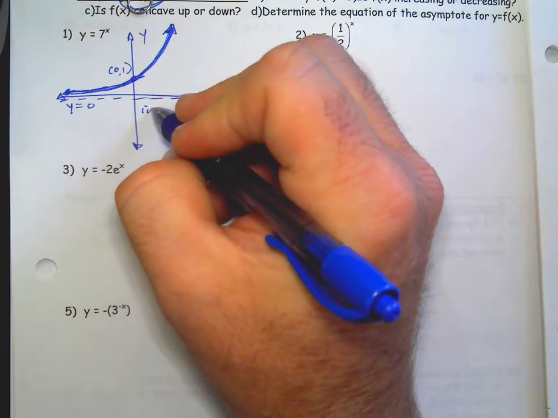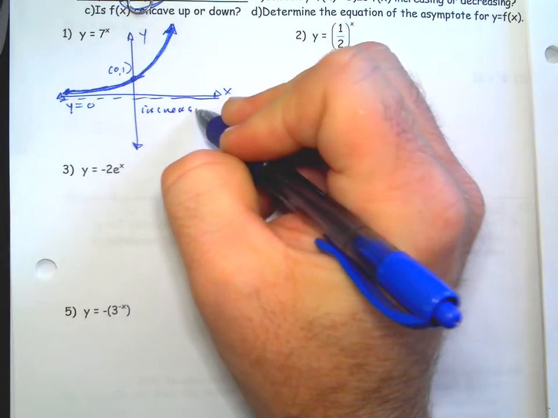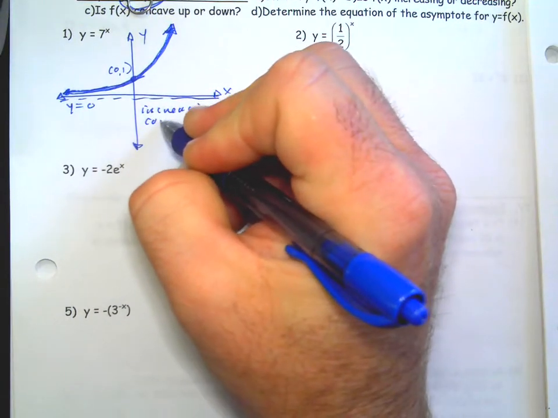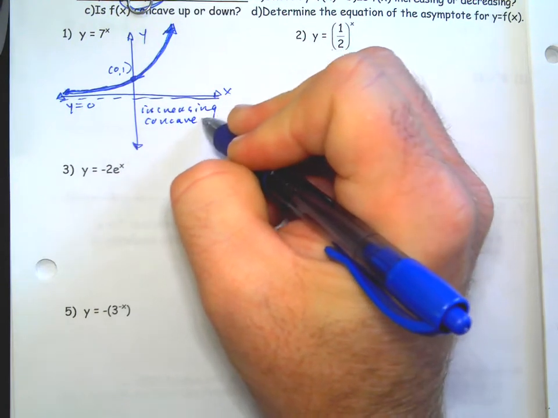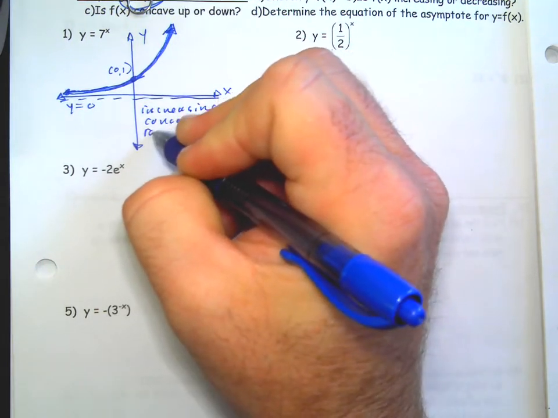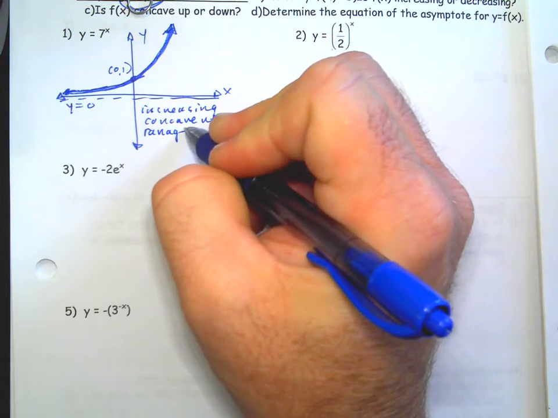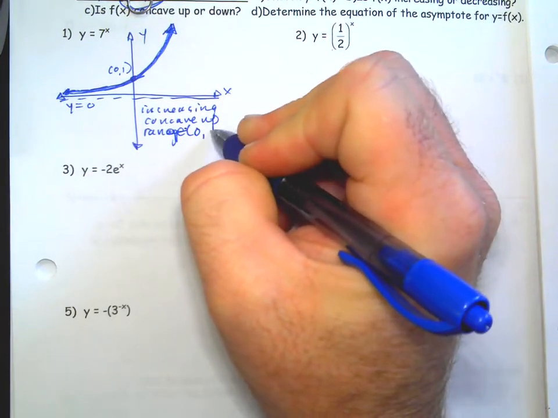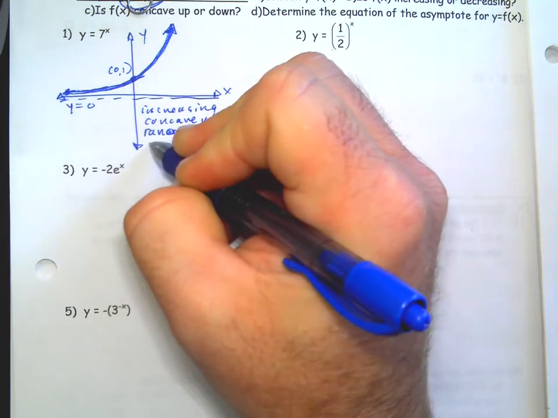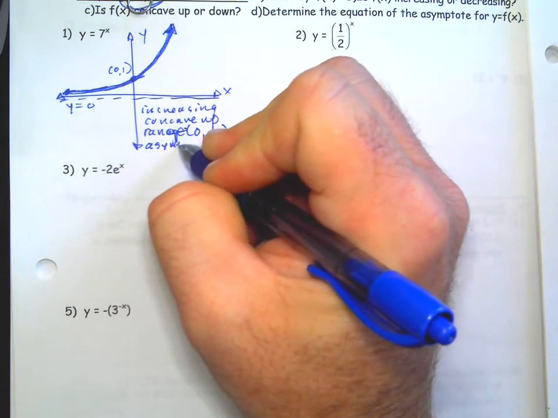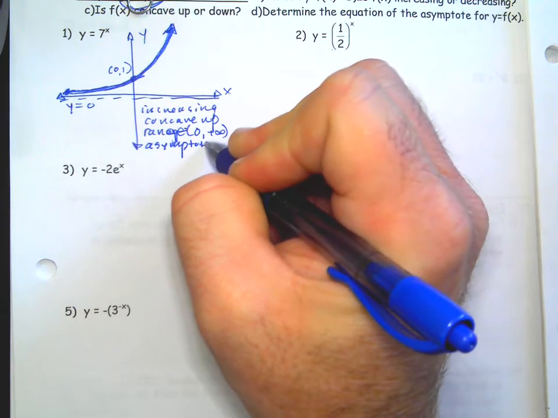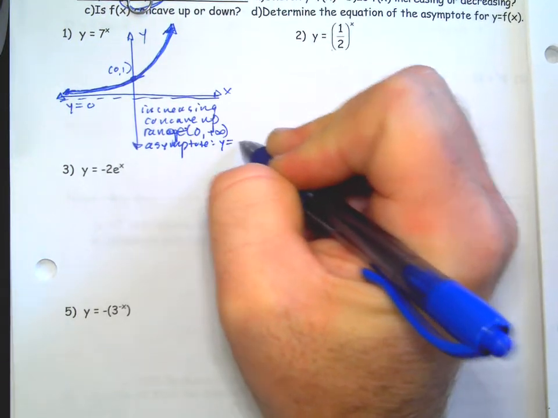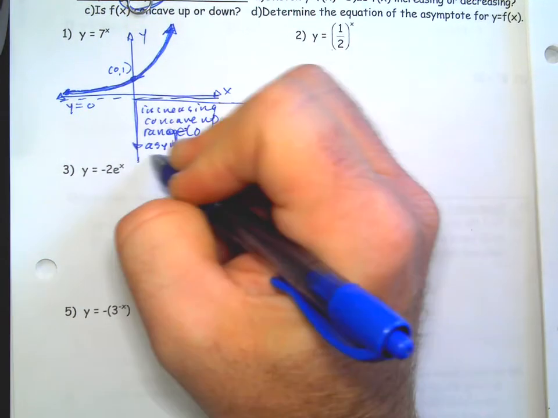So this is increasing, concave up. Range is 0 to positive infinity. The asymptote is y equals 0. So there you go.